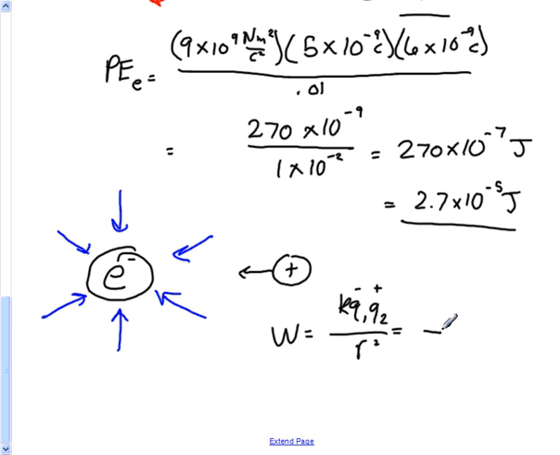We don't do this work. It's negative work, and it's the amount of work that something else does. In this case, it'd be the amount of work that the electron does. So this is everything about the electric potential energy and how it relates to the gravitational potential energy.